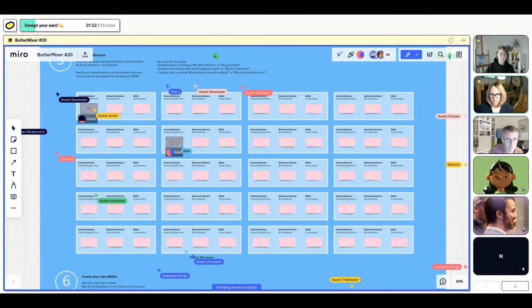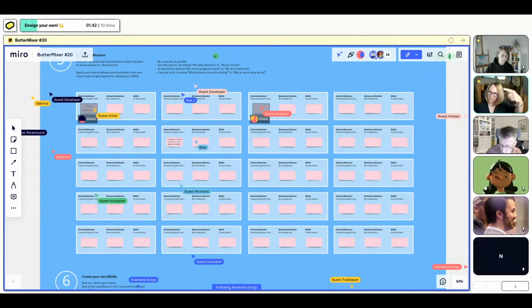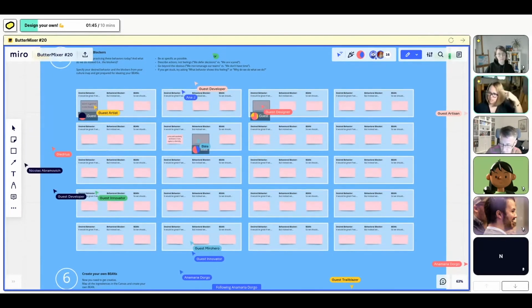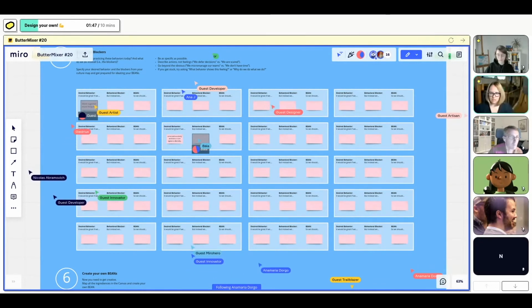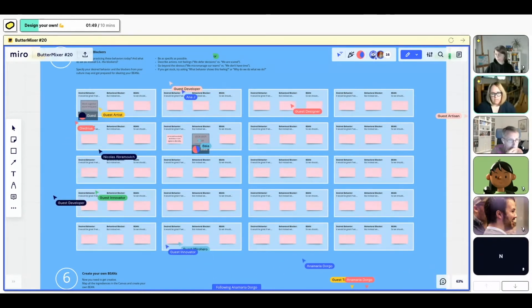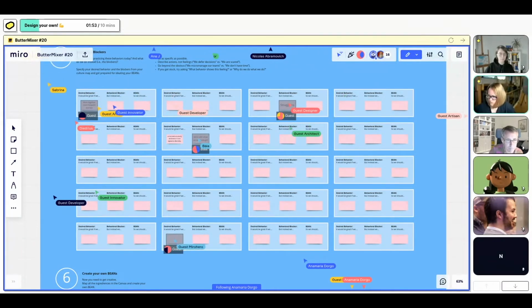So I invite you all to grab one of these frames, and you can think of the behavior blocker as one of the how might we's or of these challenges that we started with in the first exercise. You can just take that. I think it was working in silos. You can also take something else. It's just to understand the principles.